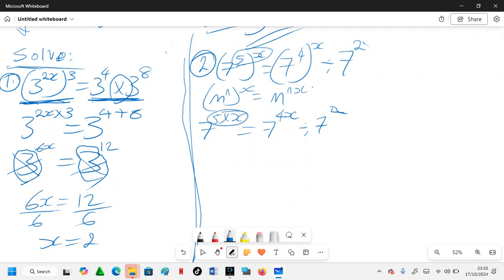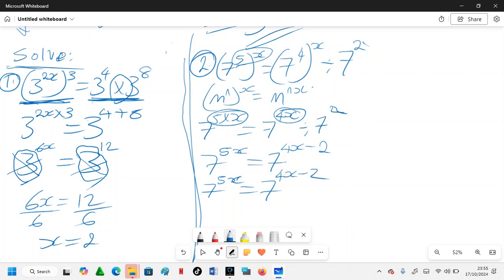So this one is going to be 7 power 5x is equal to, now this one is division, so it's going to be 7 power 4x minus 2, right? So that we have 7 power 5x being equal to 7 power 4x minus 2.